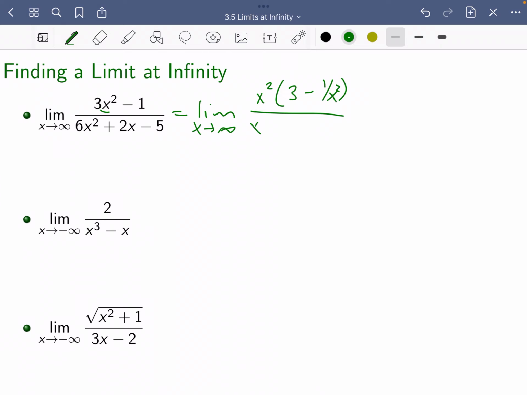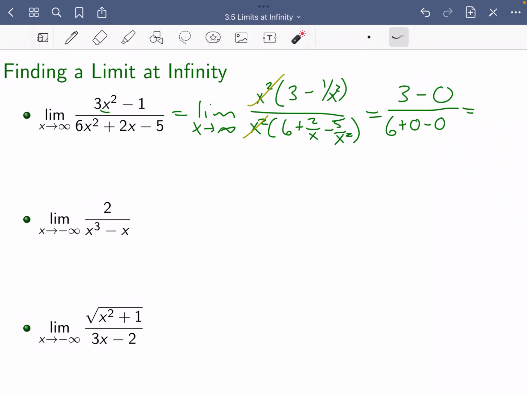If we factor an x squared out of the denominator, we will have 6 plus 2 over x minus 5 over x squared. Here we can observe that the x squared on top cancels with the x squared on bottom. Now if we use the theorem from our previous page, this value is heading towards 3 minus 0 over 6 plus 0 minus 0.